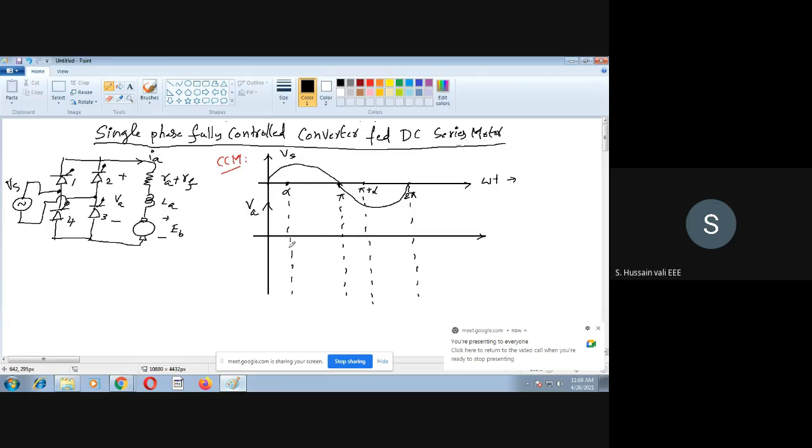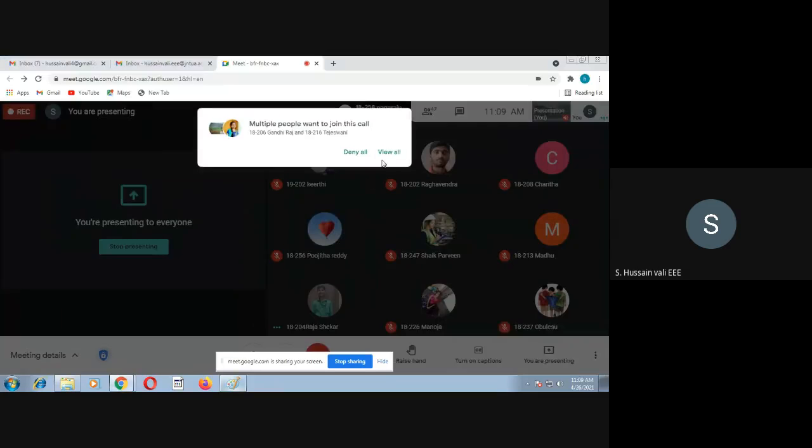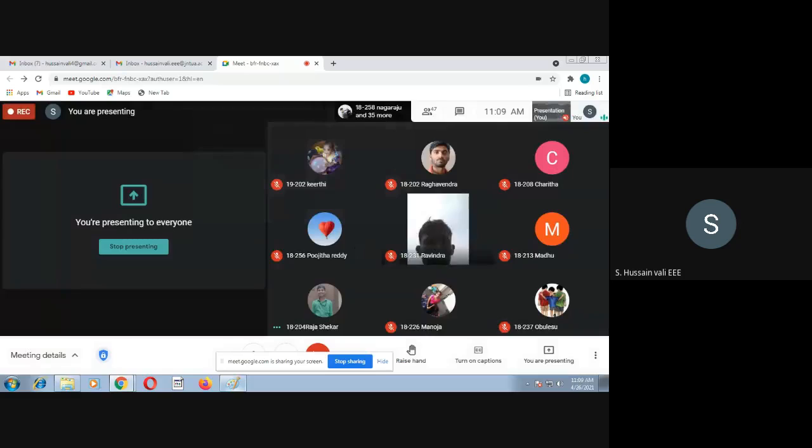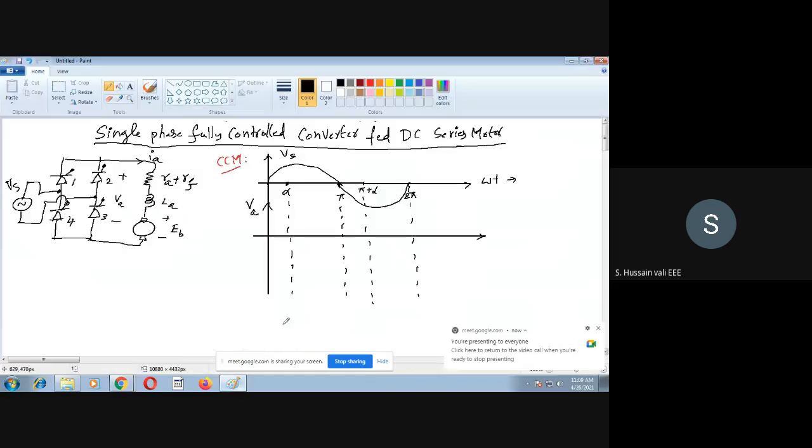At omega t equal to alpha, we will trigger thyristors 1 and 3, so 1 and 3 will conduct.